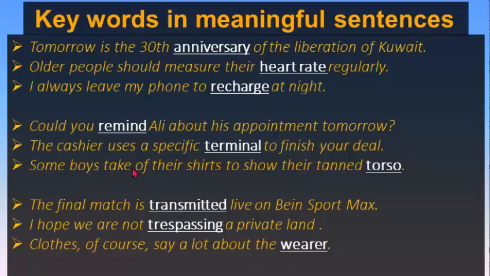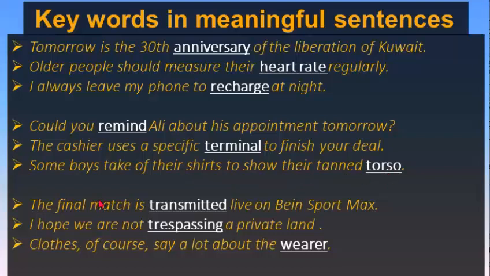Some boys take off, O-F-F, their shirts. Why? To show their tanned torso. Some people like to get tanned bodies, so they take off shirts to show their tanned torso.